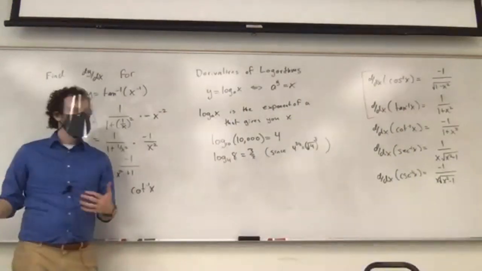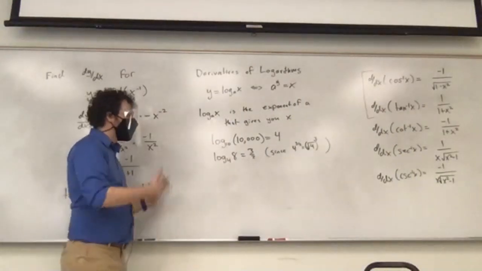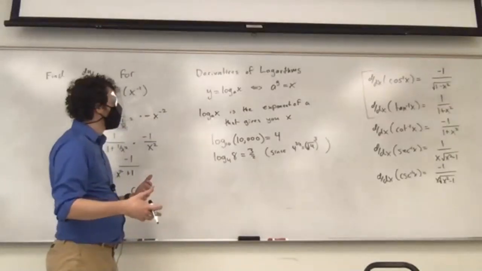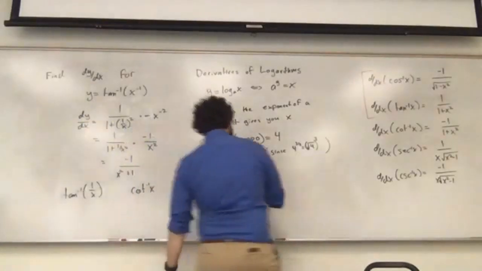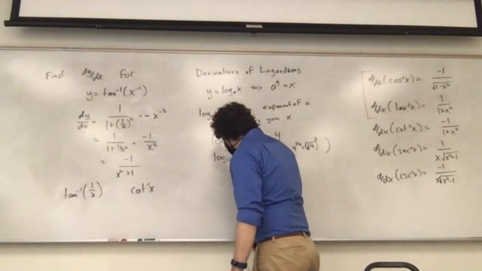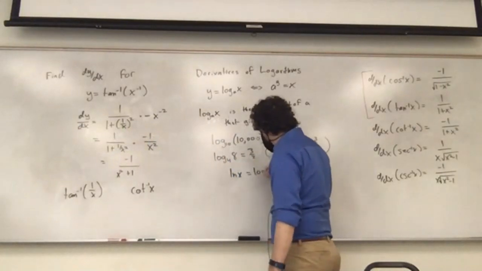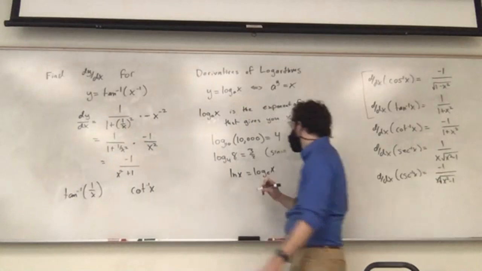A special kind of logarithm that we've encountered, but now we're really seeing what its derivative is, the natural log of x, is defined to be the log with base e.